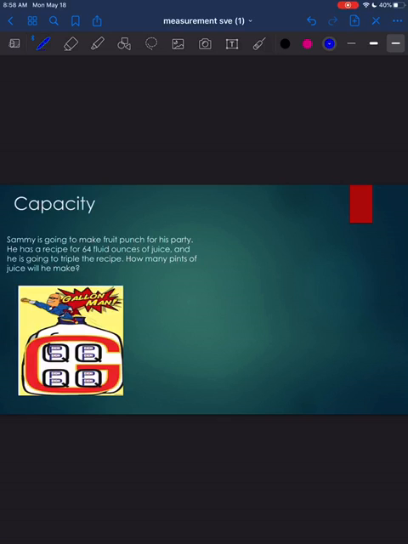One is you have to actually solve the problem, and two, you have to convert it to the correct units. So first, I'm going to triple my recipe. I have 64 times 3, which equals 192 fluid ounces.